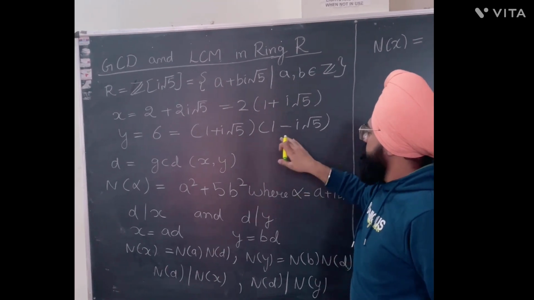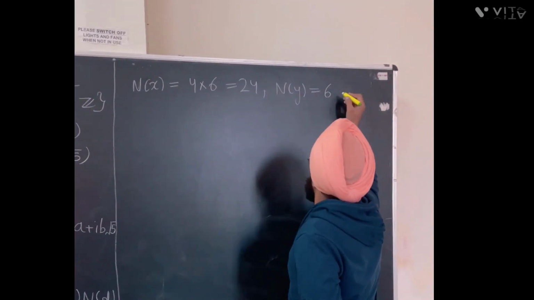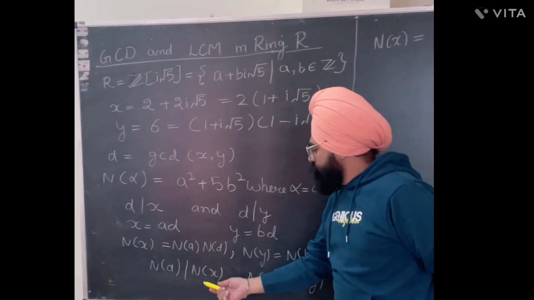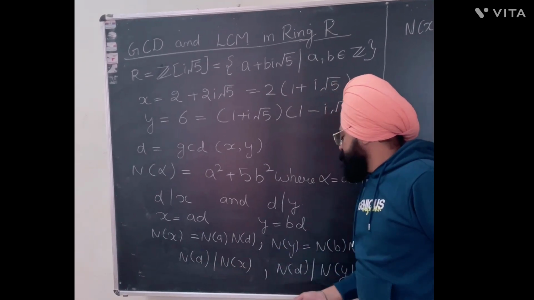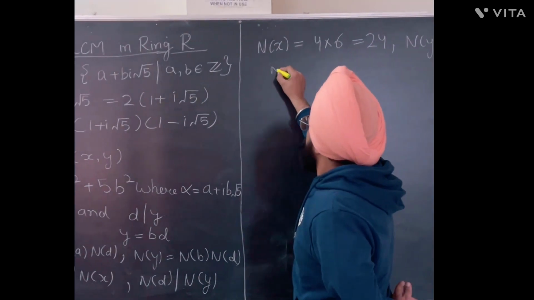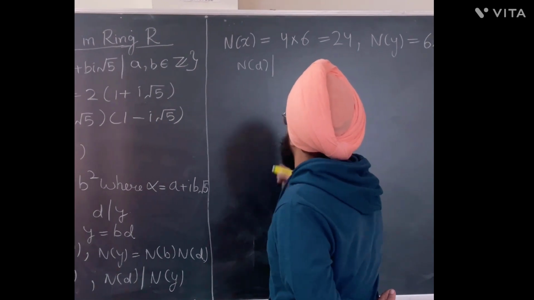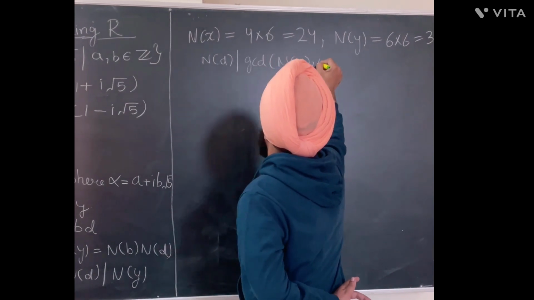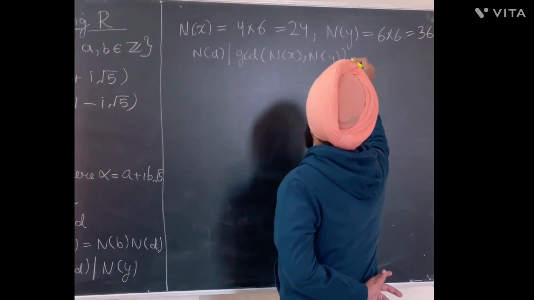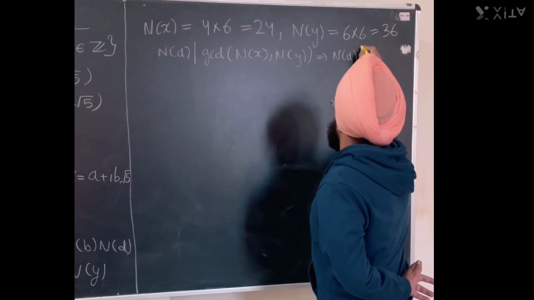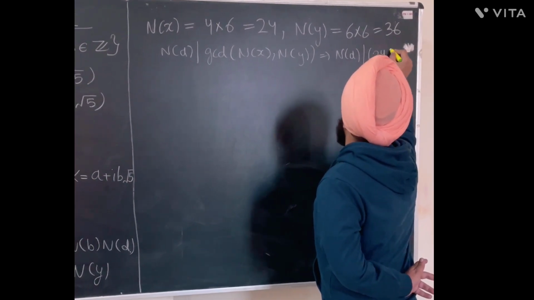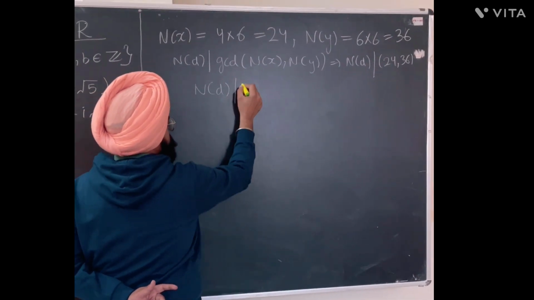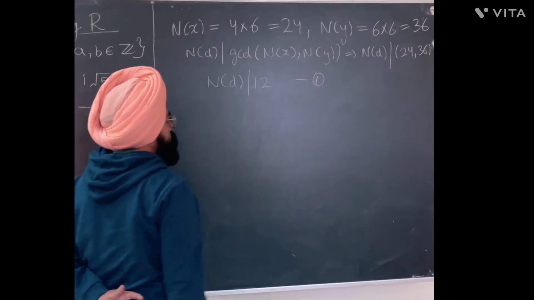Its norm is 6 as well, so it is 6 into 6, which is 36. Now since norm of d divides norm of x as well as norm of y, norm of d will divide the GCD of 24 and 36. So norm of d divides 12. This is our equation number 1.